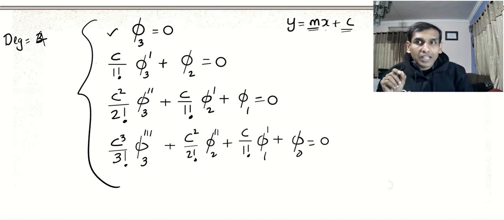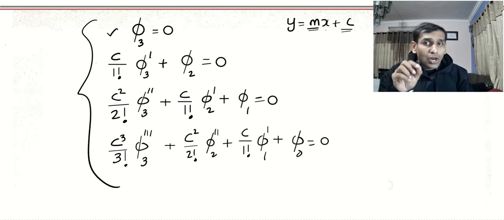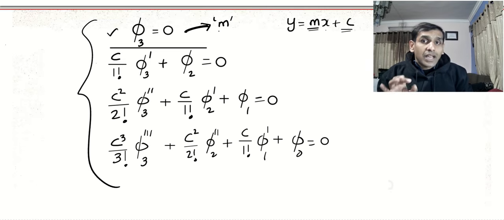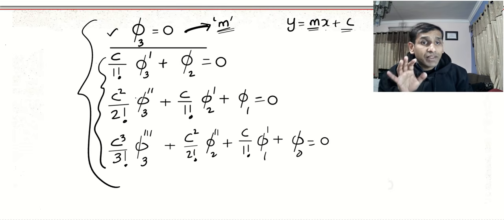But once more, let me reiterate. We may or may not use all the equations. Anyway, the first equation will always be used to find the value of m. And once you get the value of m, we will use the remaining equations to find the value of c.